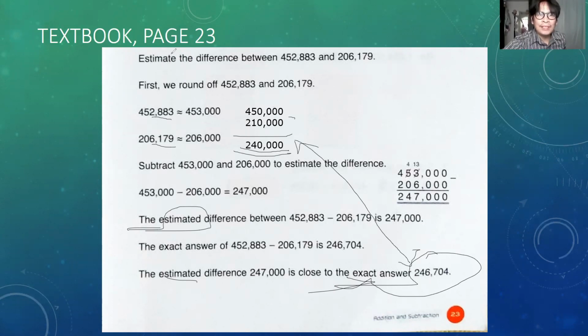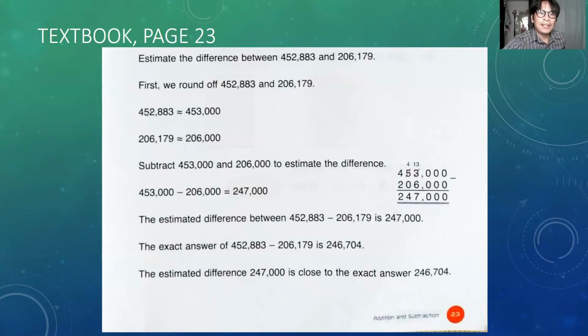Now, if you want to estimate to the 100,000 place, let's try how to round off to the 100,000 place. This number is approximately 500,000 minus 206,179 is approximately 200,000.